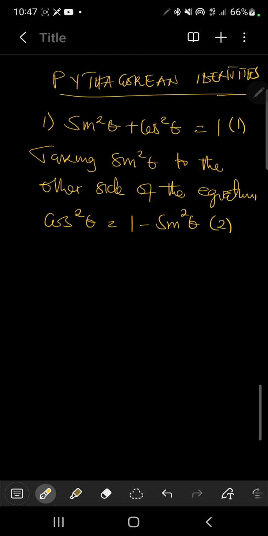We can call this identity 2. This is identity 1.